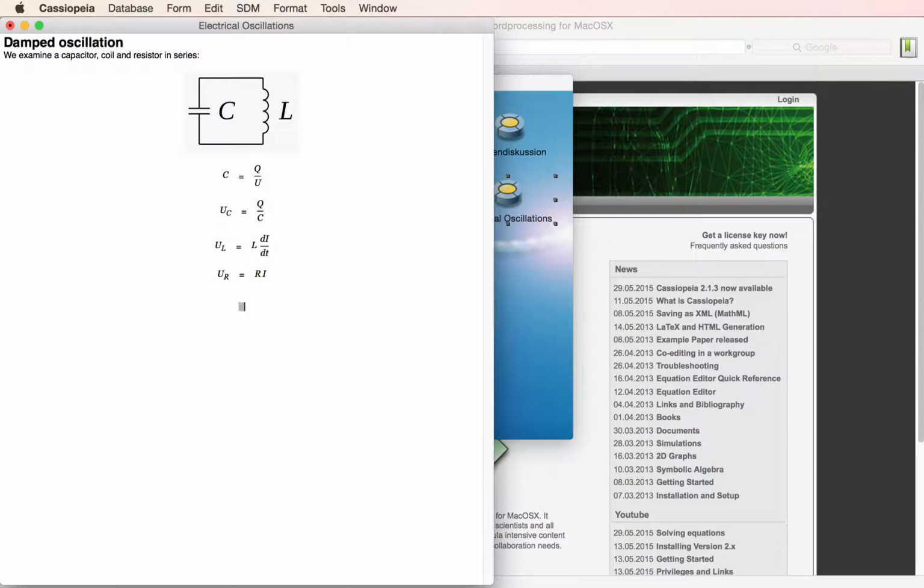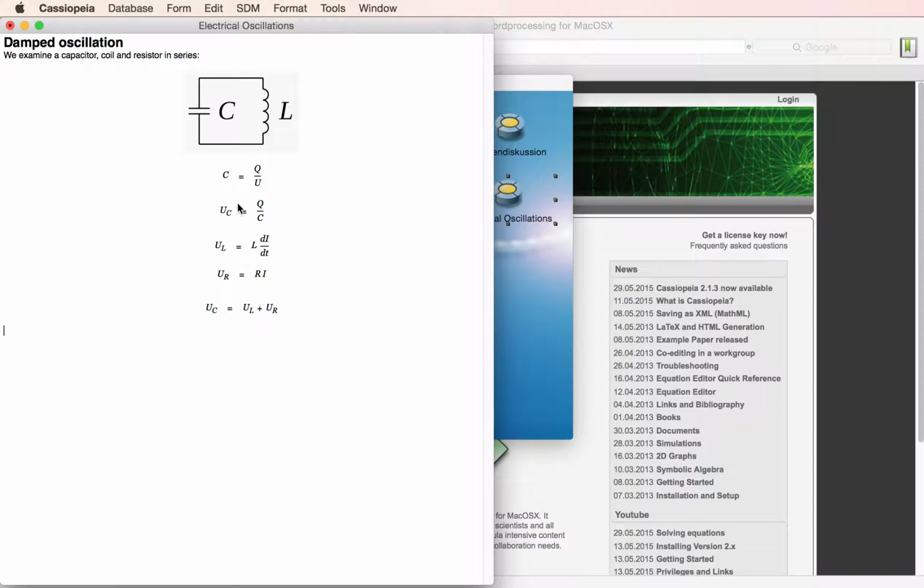Let's put all this into one equation. You see the voltage over the cap is the voltage over the coil plus the voltage over the resistor. So we have U_L plus U_R.